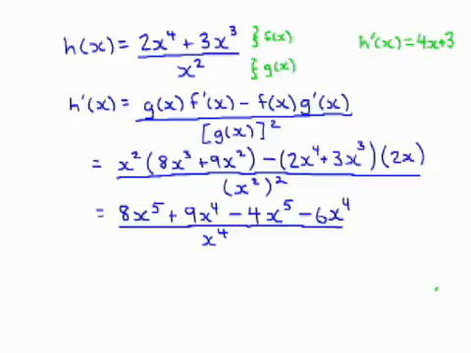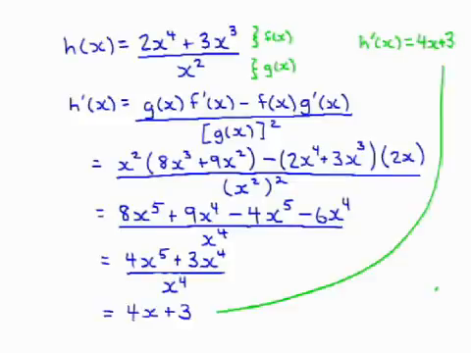We combine our like terms in the numerator and get 4x to the 5 plus 3x to the 4, and that's all being divided by x to the 4. X to the 4 divides evenly into both of the terms in the numerator, and we end up with h prime of x is equal to 4x plus 3. Lo and behold, we get the same derivative that we obtained when we used the power rule.